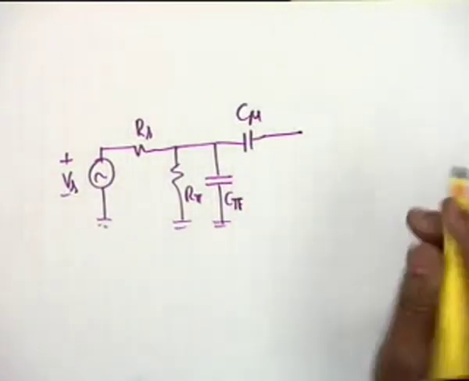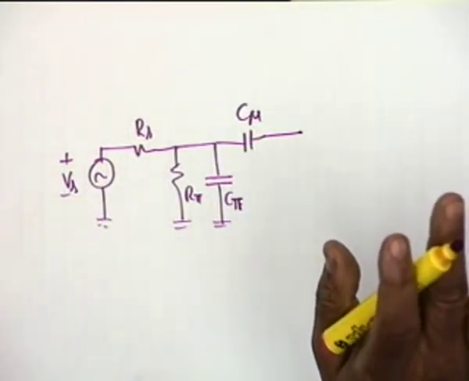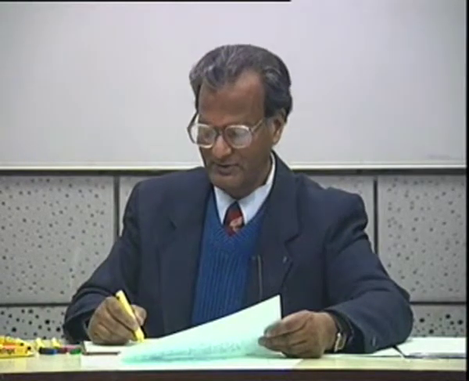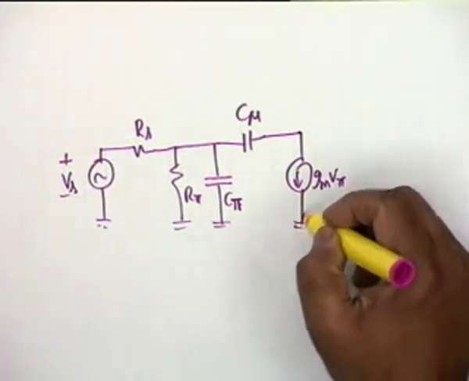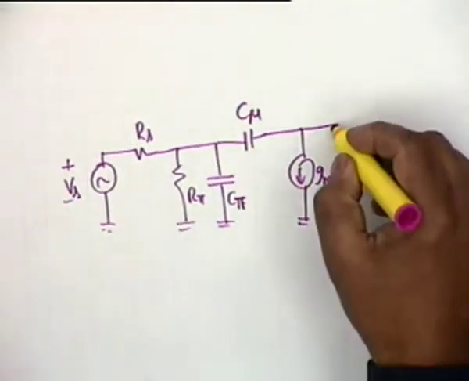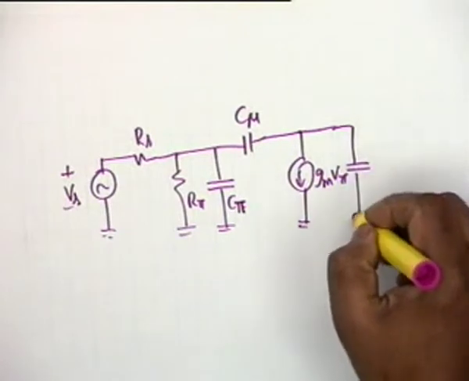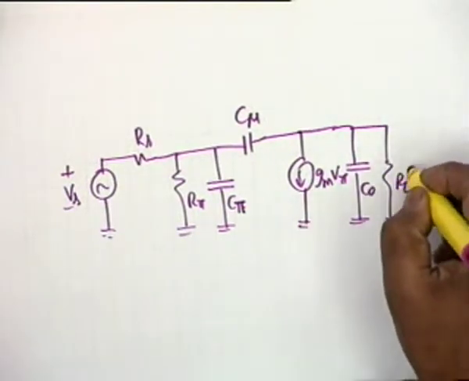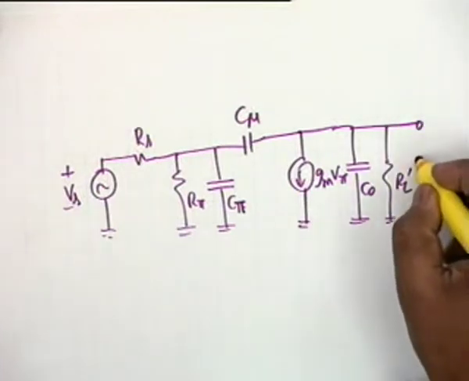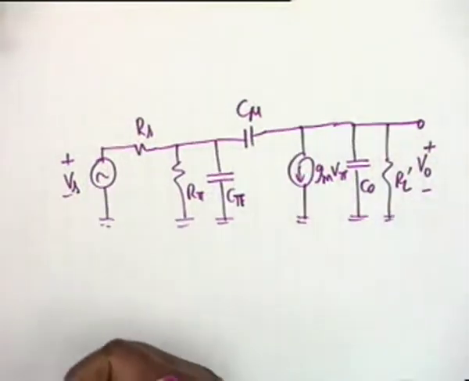Okay, I want the exact analysis to get an idea how much error this introduces. This is our exact equivalent circuit before we took Miller effect into account.